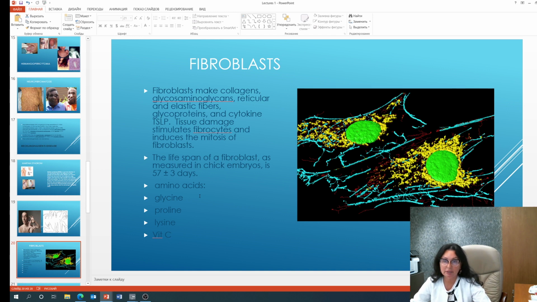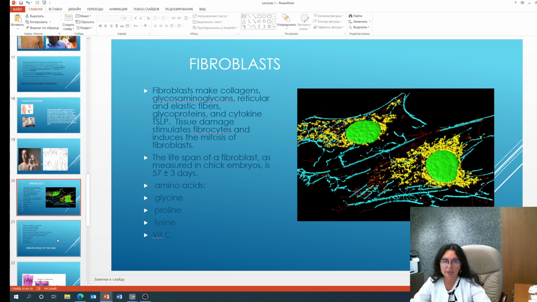The lifespan of the fibroblast, as measured in chick embryos, is 57 plus or minus 3 days. Amino acids are essential for production of collagen and other fibers: glycine, proline, and lysine, and very importantly vitamin C too.